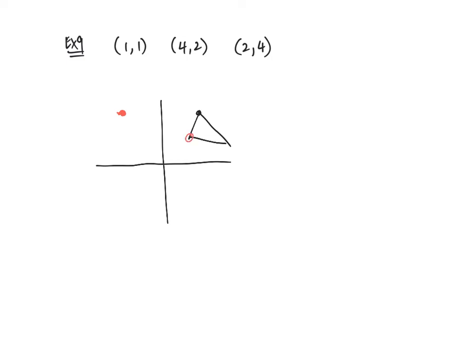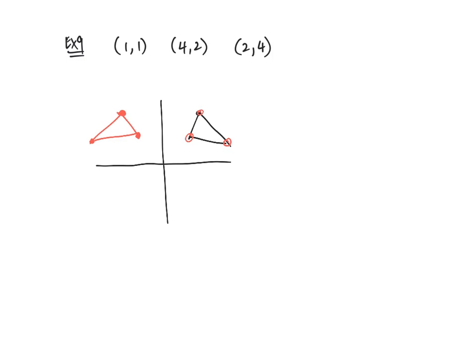Similarly, if you start with this point and rotate it over the y-axis, maybe it'll end up here. And similarly, if you take this point and rotate it around the y-axis, maybe it'll end up here, right? So that gives you the reflection over the y-axis. Anyways, the result is an opposite x-coordinate, but the same y-coordinate.